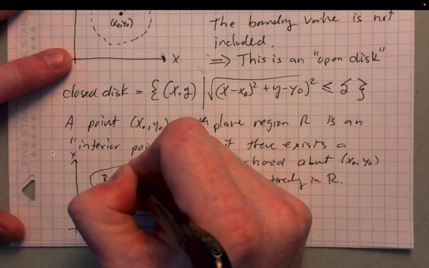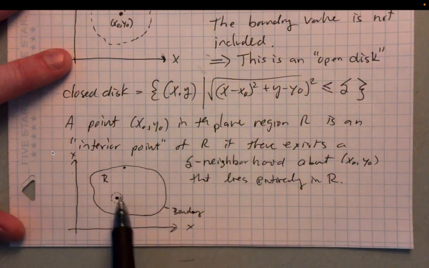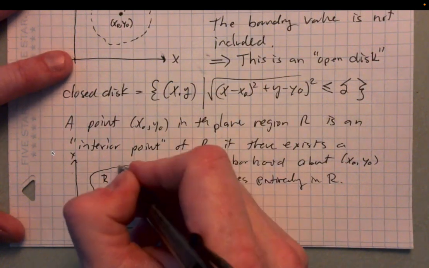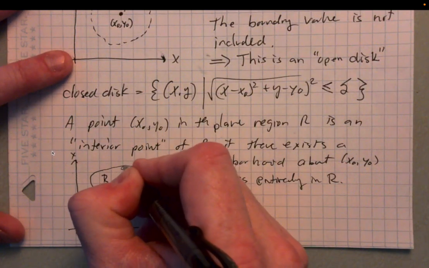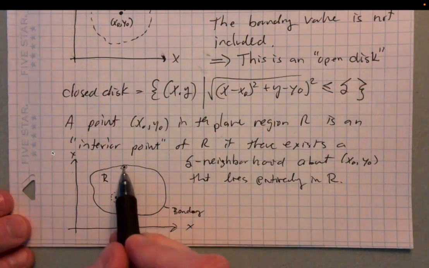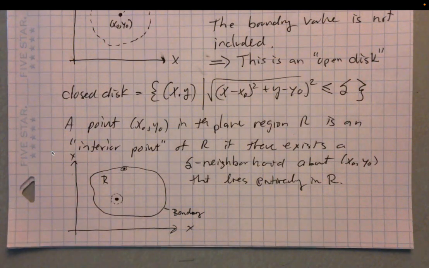All right, so let's put one really close to it. It's kind of right up there, right? Well, I certainly can't define a delta neighborhood as big as this one around this point, but it's still possible for me to define one. It's still possible for me to think of a delta small enough such that every point in that delta neighborhood about this point here is entirely in R. So this would be another example of an interior point.